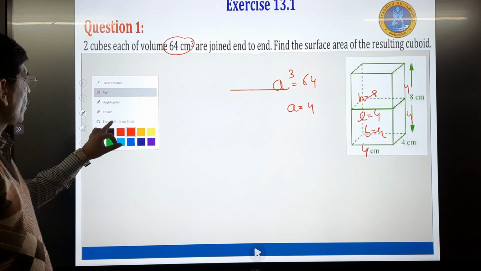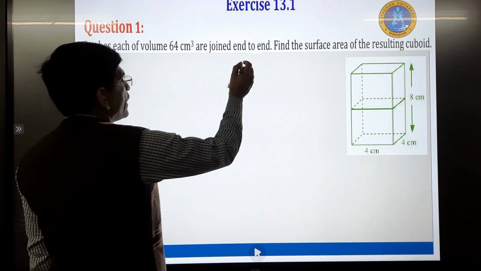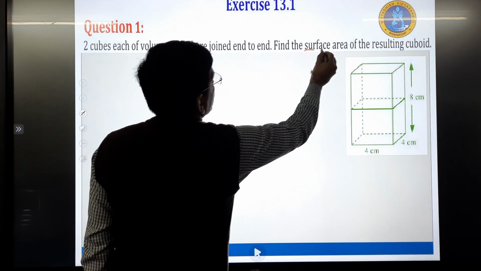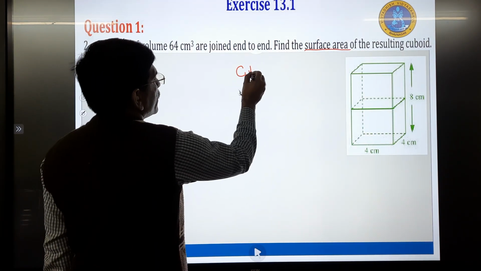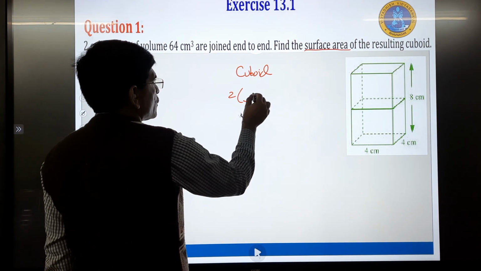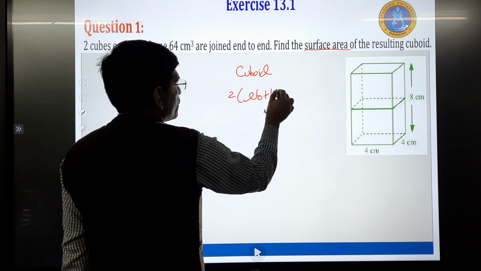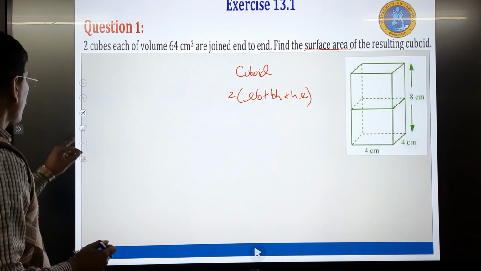Now how can we get the answer? The resulting solid is a cuboid. So the formula of the cuboid is 2 into (LB plus BH plus HL).